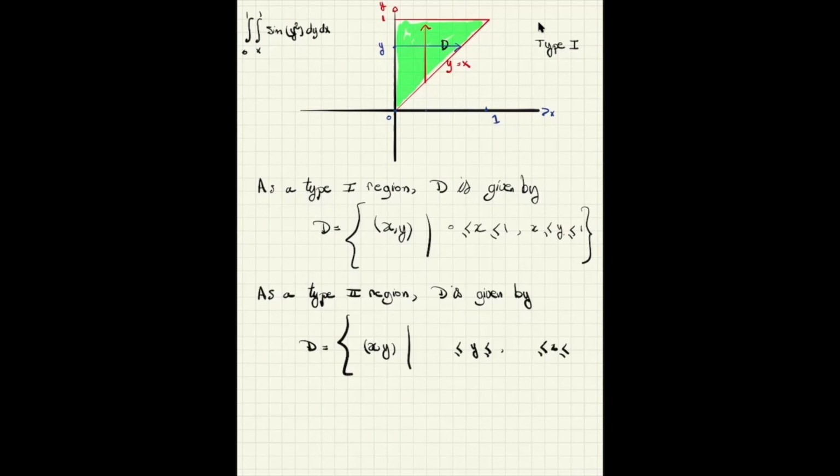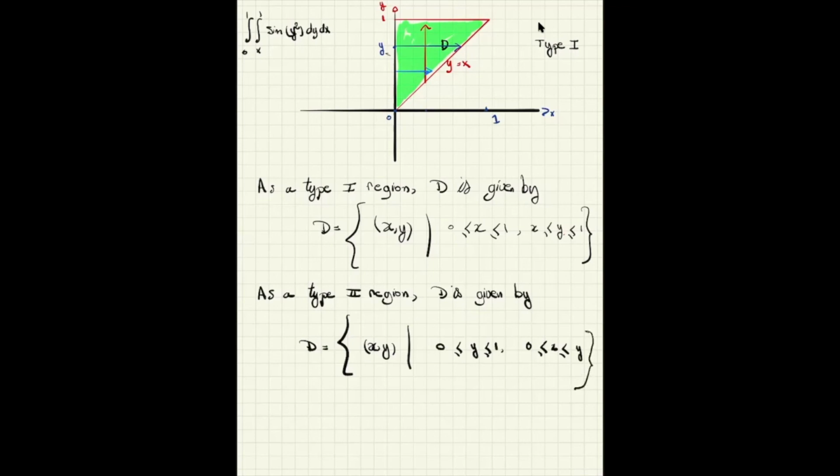So for some y, x is between what and what? Well, for this very specific y, x is between 0 and 1. Now, as you vary y, that's another y. Y is allowed to move from 0 to 1.